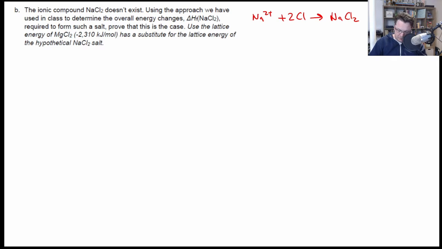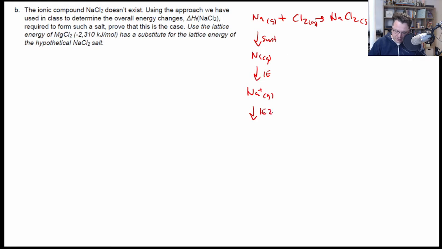The difference here is that for the sodium to form this, solid, gas, solid, the sodium first has to be converted into the gas phase. Then it goes through the first ionization energy to form sodium plus. But next, it has to go through a second ionization energy to form sodium 2+. So we're adding one more factor into that.